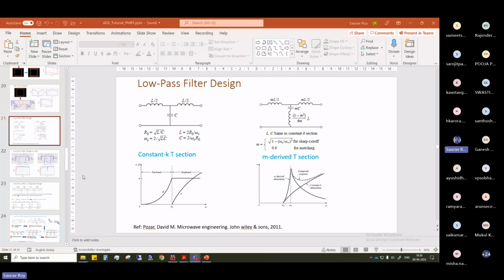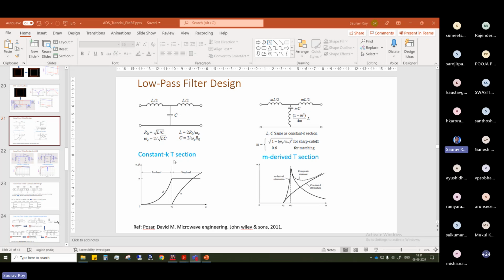Okay, so last week we have seen the theory portion of the filter design, right? So first thing what we have seen, the normal low pass filter theory, the simplest one is the constant K section, what we call.